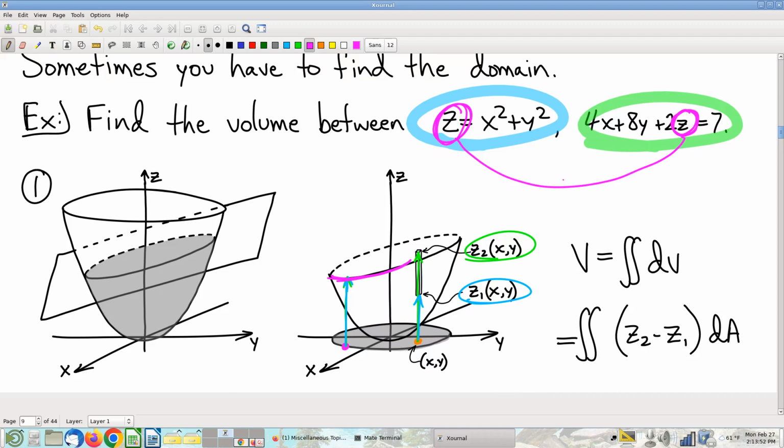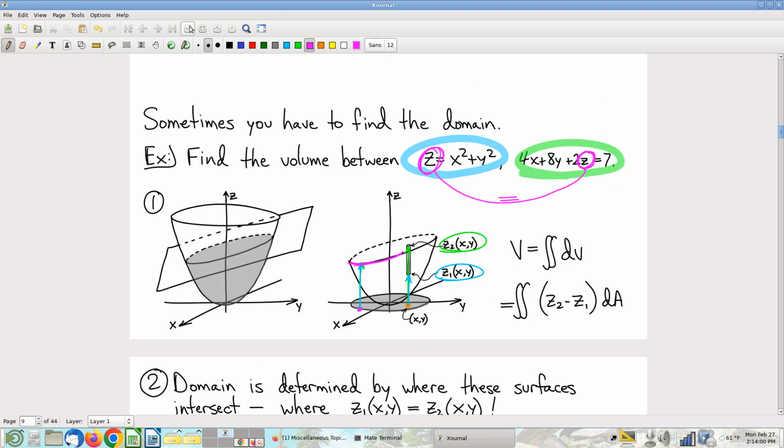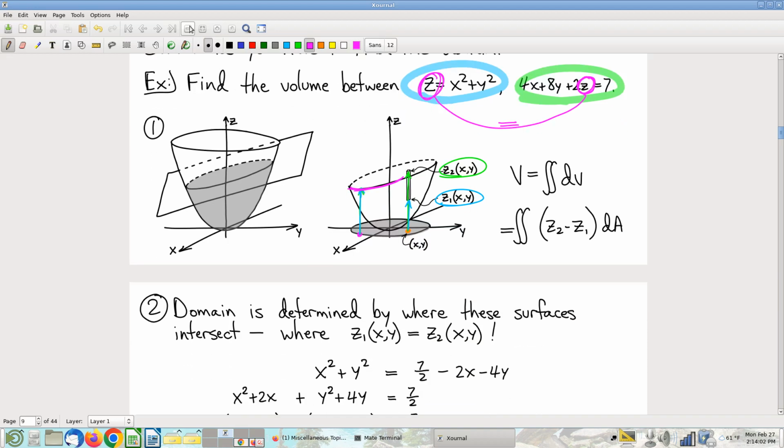Those are what I want to set equal to each other. I need z1 to equal z2. And now you've got to do a little bit of work to find those values of z. Z1, let's see, z1's the one on the paraboloid. Z1 is that right there.